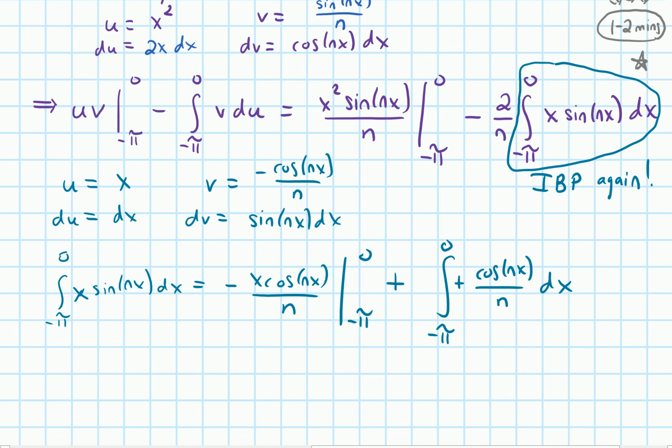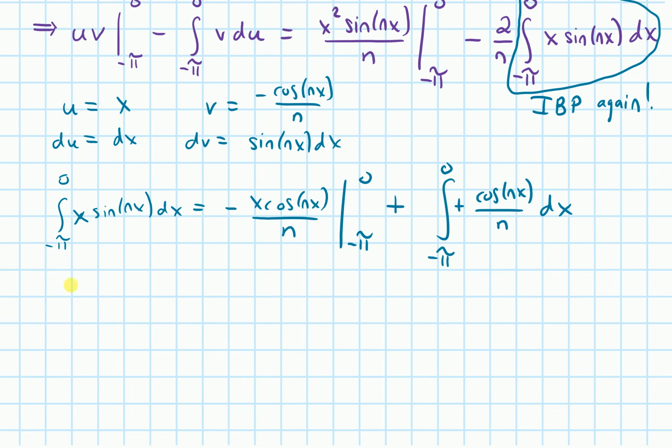So let's go ahead and start to evaluate these. If we plug 0 into this first term here, we'll get 0 times some cosine thing, but 0 times anything is 0. So plugging in 0, we get 0. And then we're going to have minus what we get when we plug in negative pi.